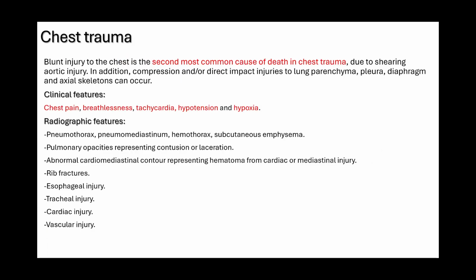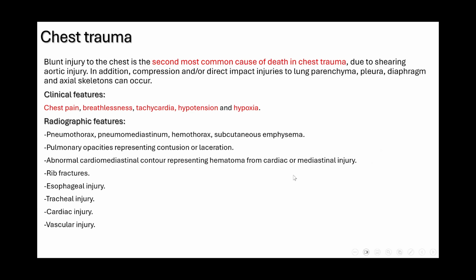So we move to the chest trauma. Blunt injury is the second most common cause of death. Chest trauma due to shearing aortic injury, injury to the lung parenchyma, pleura, diaphragm, and axial skeleton also. Patients come with chest pain, shortness of breath, tachycardia, hypotension, also hypoxia.